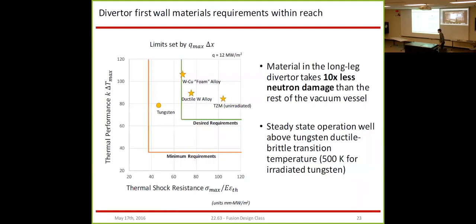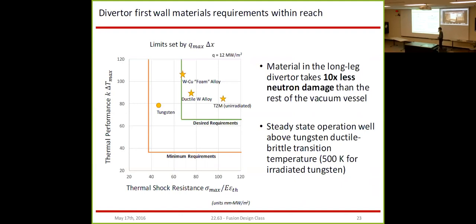Now, moving on to the solid components of the cooling channel design, these requirements are mostly driven by the materials that we choose for the diverter first wall. In looking for materials that would serve as suitable first wall materials, we were primarily interested in two figures of merit: the thermal shock resistance, which is the maximum stress that the material can take, divided by the linear thermal stress.